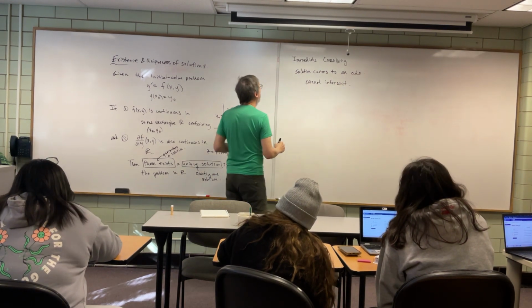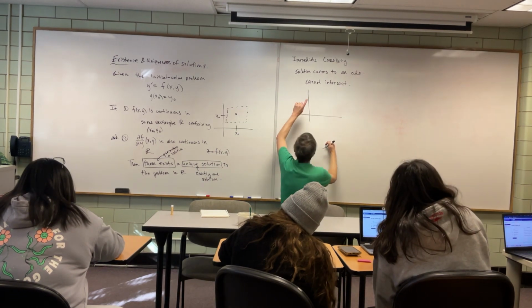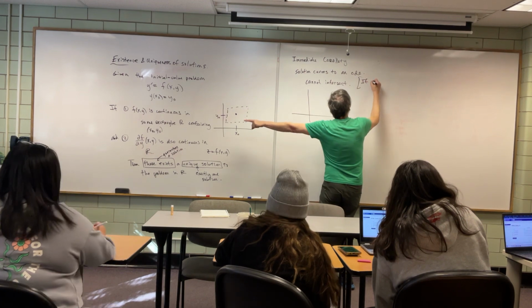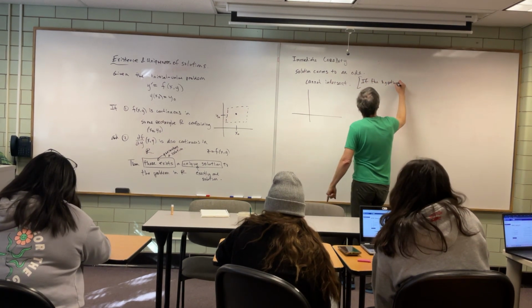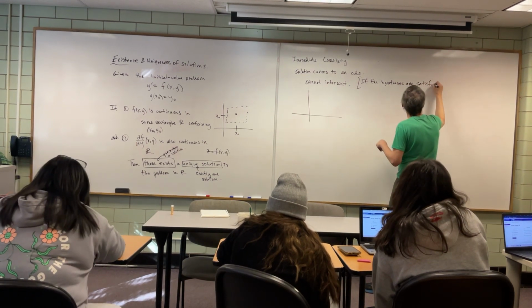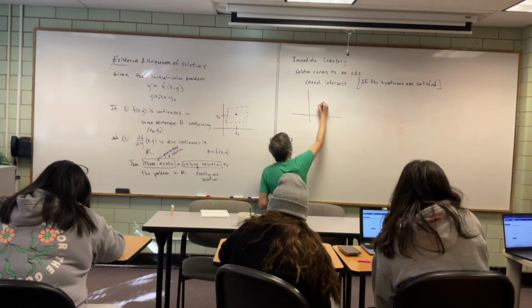This is super important, and let me just show you why. I should say, if the hypotheses are satisfied. So, why would that be the case? It's pretty easy to see.